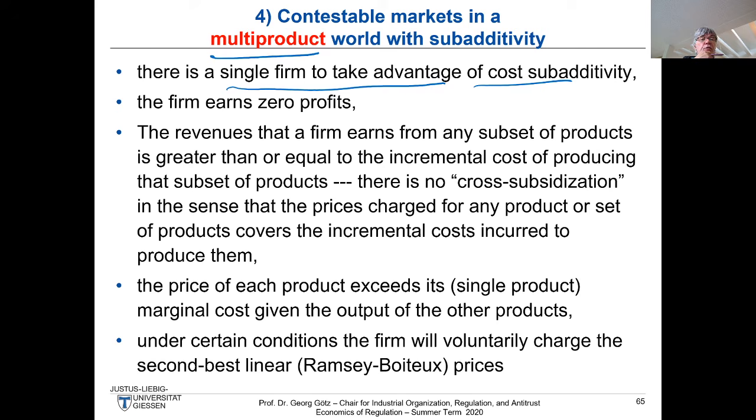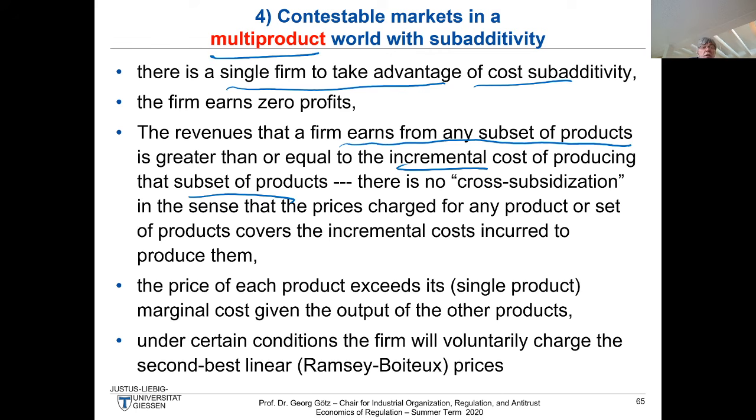This firm earns zero profits, and the revenues that firm earns from any subset of products are greater than or equal to the incremental cost of producing the subset of products. There is no cross-subsidization, in the sense that the prices charged for any product or set of products cover the incremental cost to produce them.